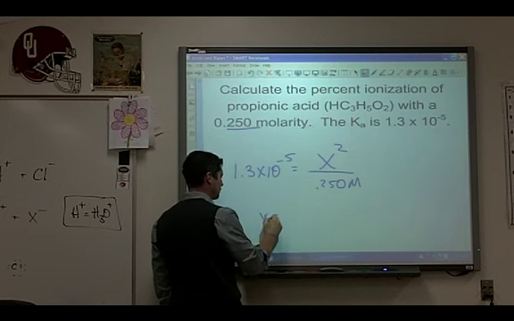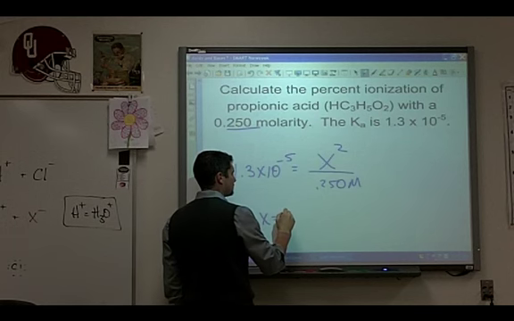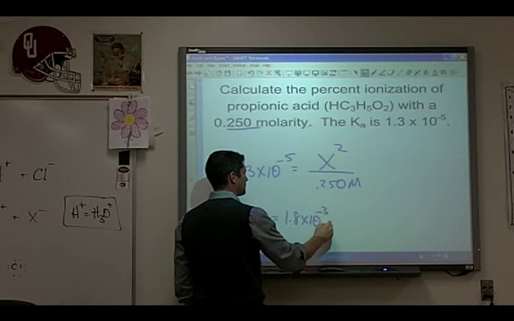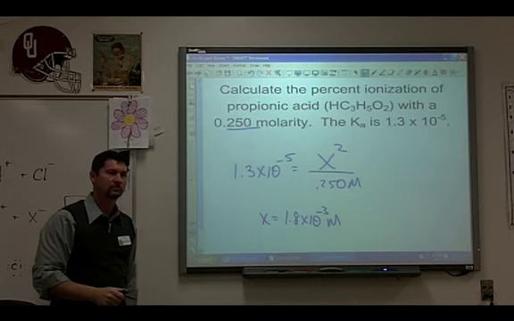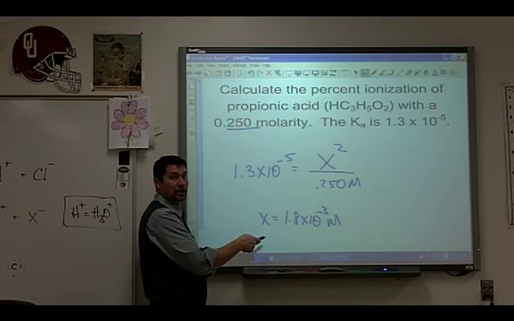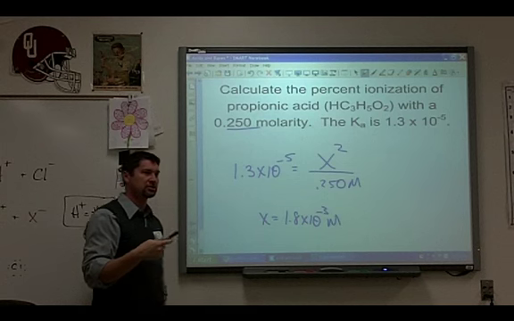Did anybody solve for x? 1.8 times 10 to the negative 3rd. Is that correct? Okay? Remember, that's H. So I can press negative log right now and get my pH, but they didn't ask for that. They asked for the percent ionization.